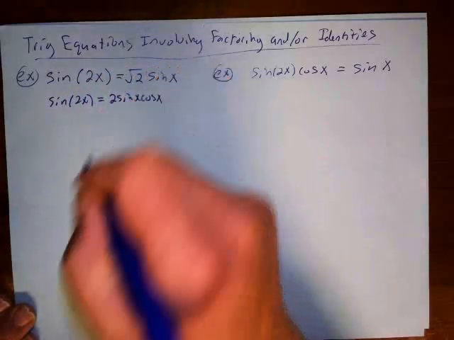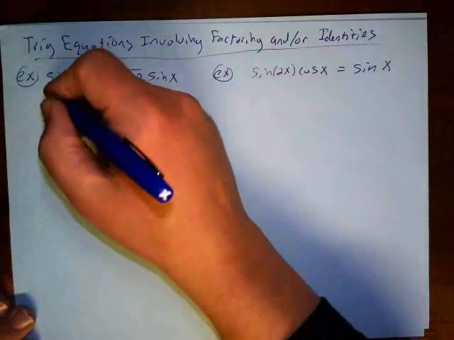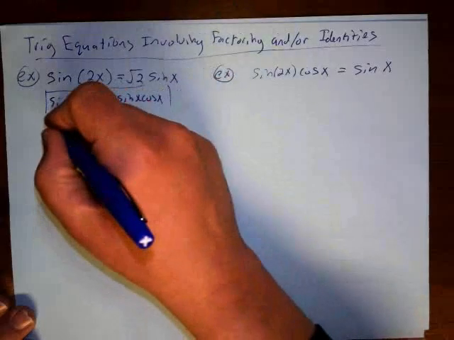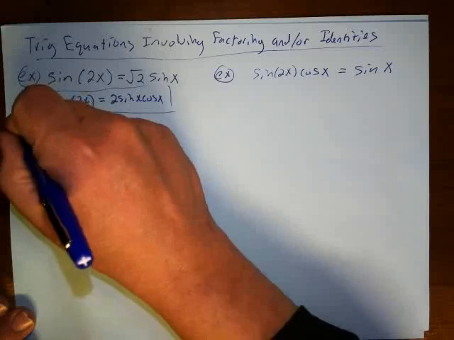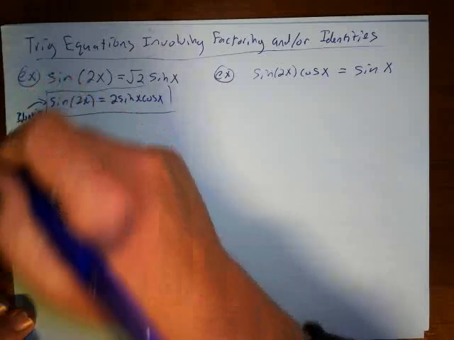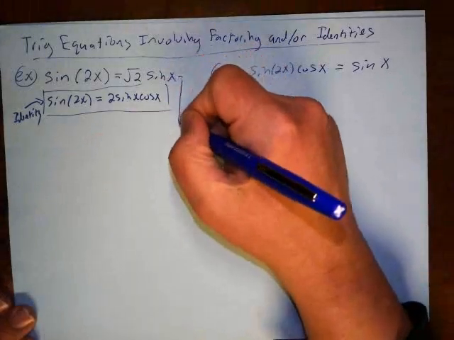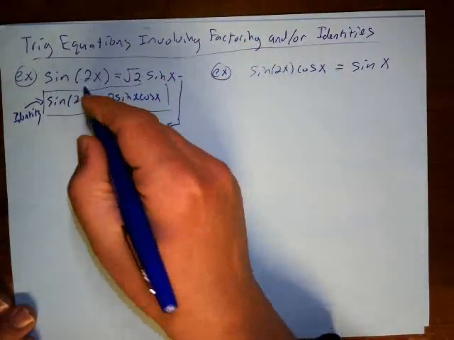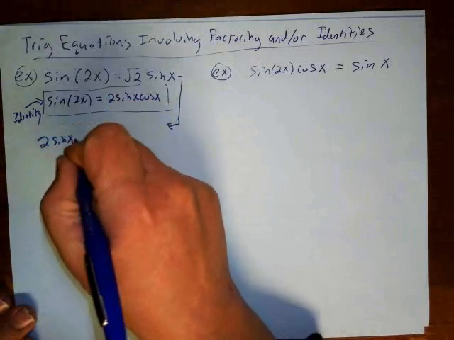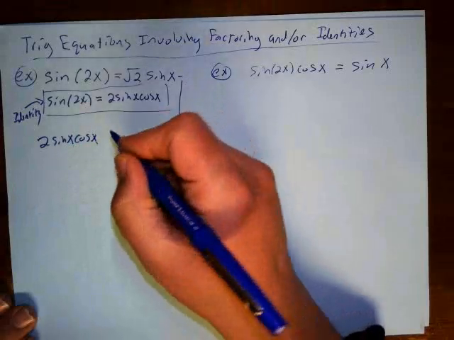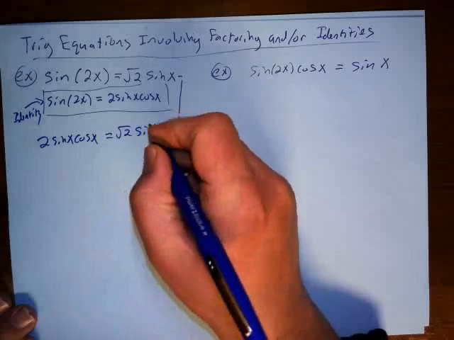That is the double angle identity for sine. And so I'm going to use this to change this into 2 sine x cosine x is equal to square root of 2 sine x.